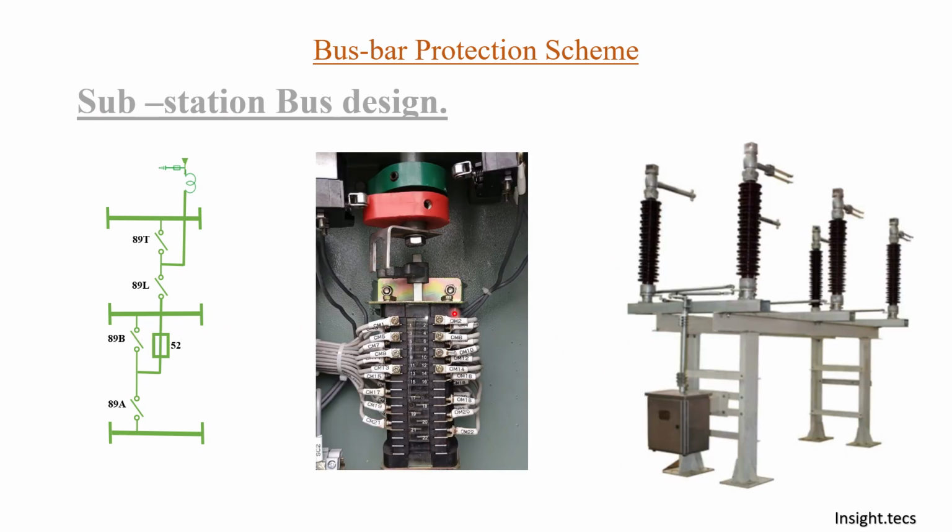Now let us understand the substation bus design based on the configurations done in this isolator. As I mentioned earlier, the position indicated by the isolator of this particular element will play a very crucial role in providing the busbar protection. In our previous videos about the isolator, we have discussed that inside this mechanism box, there is one auxiliary switch which indicates the open or closed position based on the various types of contacts present inside this auxiliary switch.